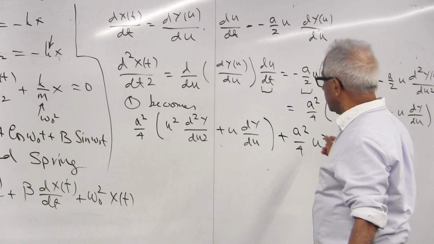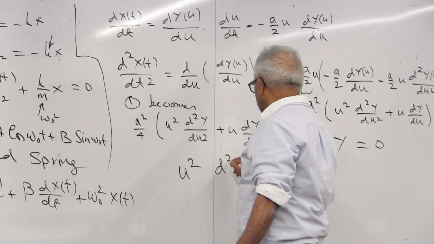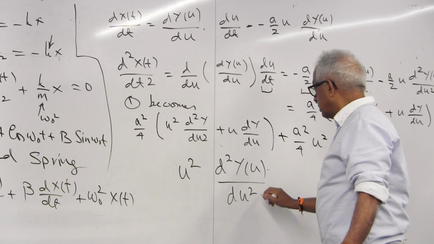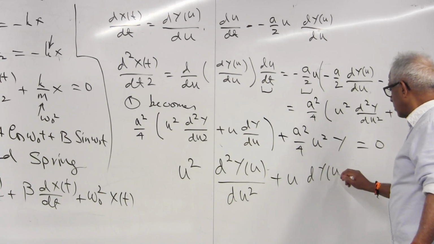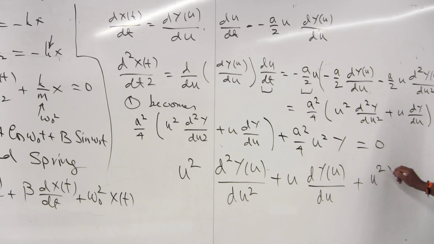So if you look at this a squared, this must be true: u squared d squared y(u) by du squared plus u dy(u) by du plus u squared y(u) must go to 0.